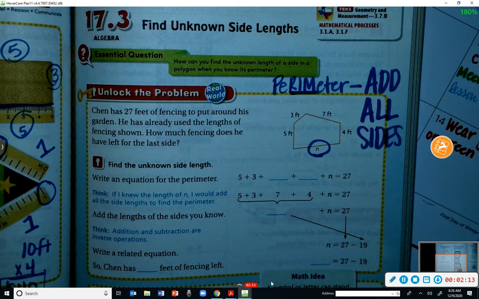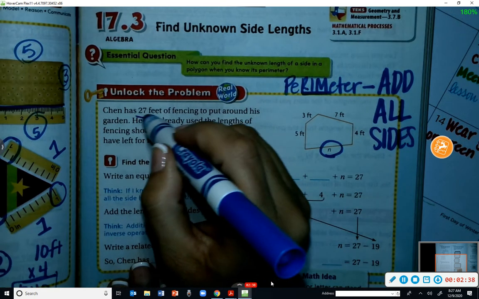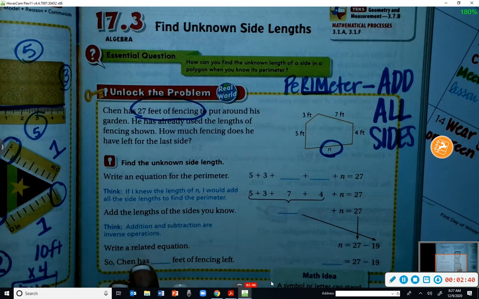Shapes? What should we think of? Bryson. Perimeter. Thank you. So fencing, border, anything going around the outside edges of something should make you think of what, class? Perimeter. Thank you. Okay, so we know he has 27 feet total in all.